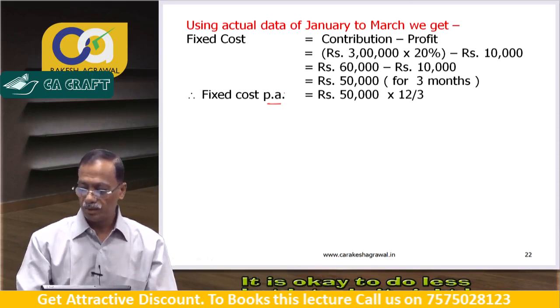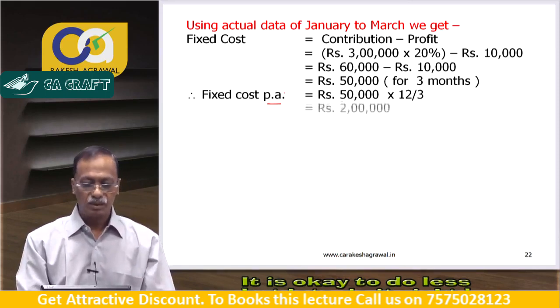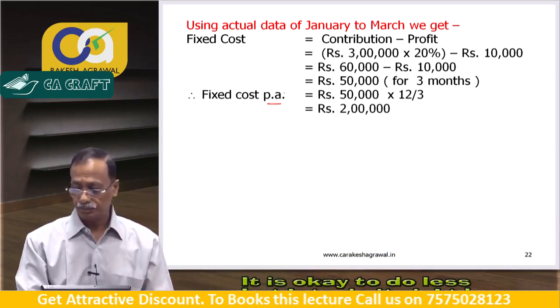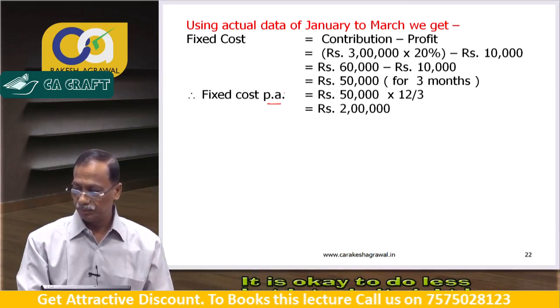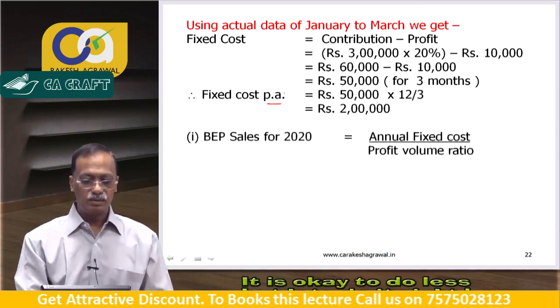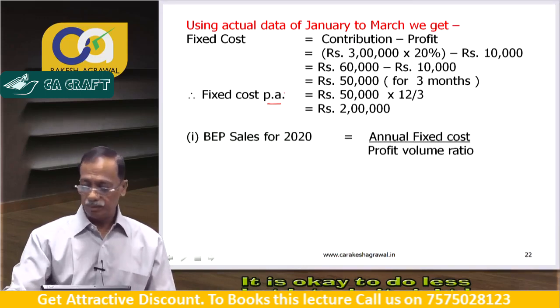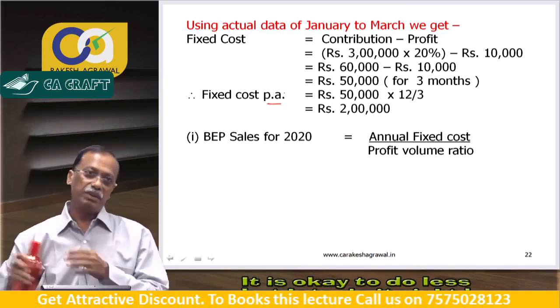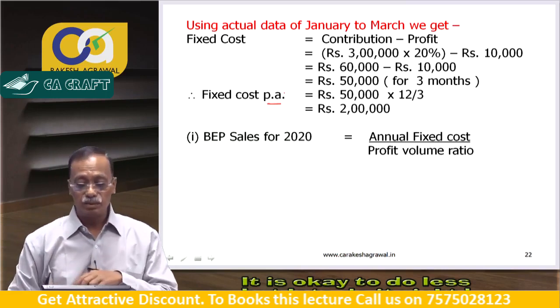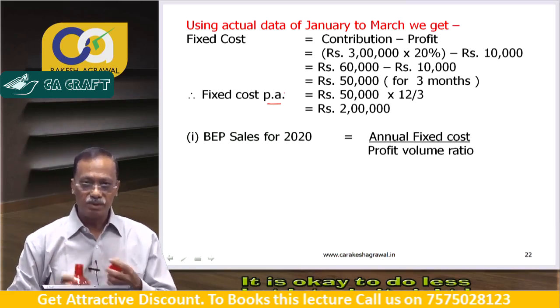Fixed cost per annum is equal to 12 upon 3, that is rupees 2 lakh. And now you will write first answer number 1, BP sales for 2020. BP sales for 2020 is equal to annual fixed cost divided by PV ratio.